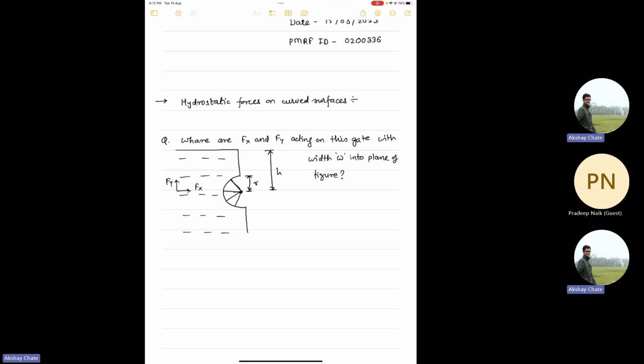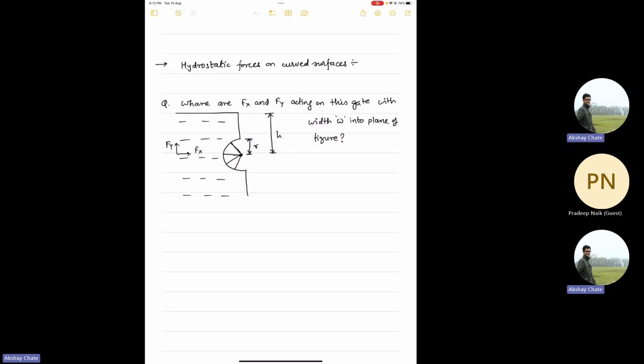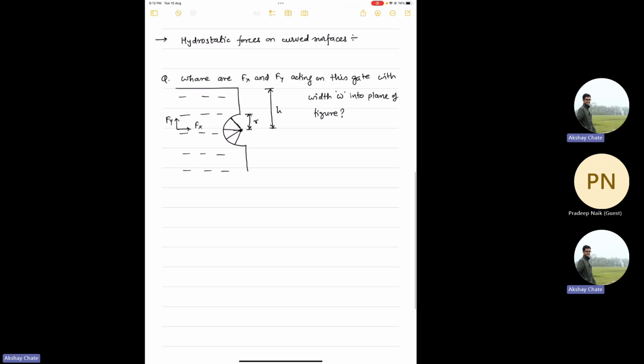First we'll find the horizontal force, Fx. Typically calculation of Fx is easier.